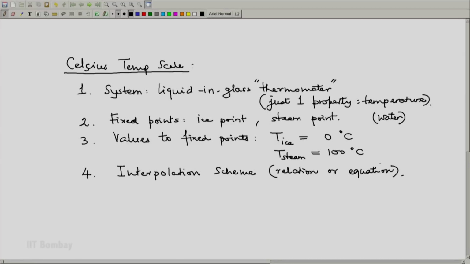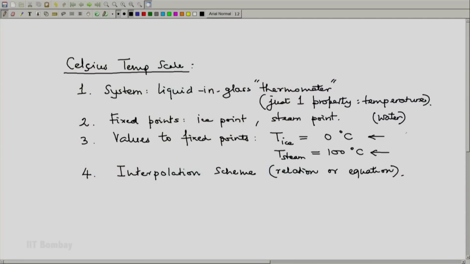For example, instead of the ice point being 0 degrees C, we may decide it to be 50 degrees new Celsius. Steam point could be 475 new Celsius. We will get a new Celsius scale, nothing wrong in it.